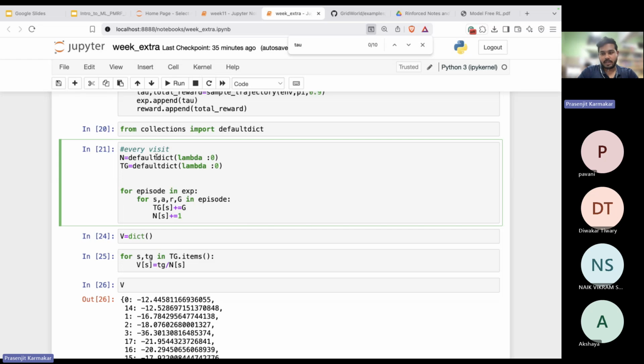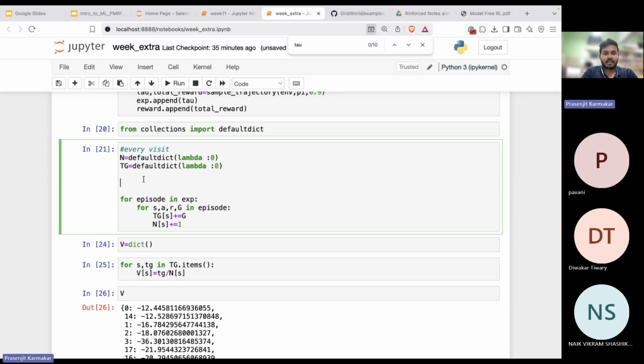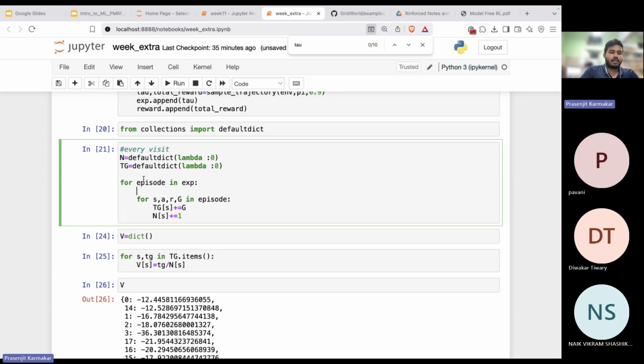To reduce that bias, what you do is, in one trajectory, you consider only one visit of a state. So whenever you visit S0, you only consider that visit. Other visits you don't consider. So for every trajectory, I will create another default dictionary called visited.